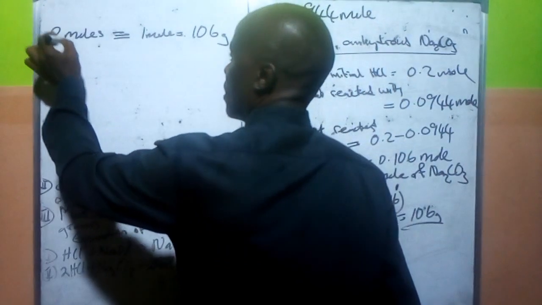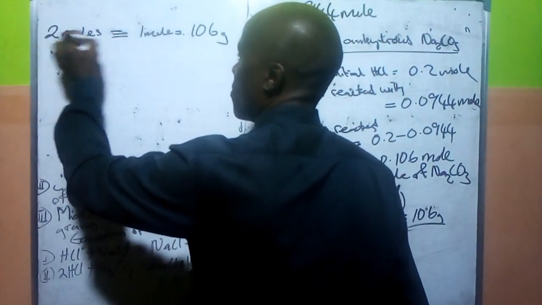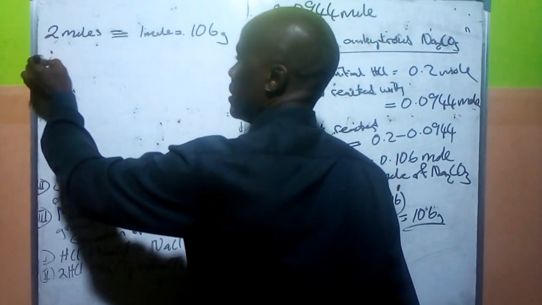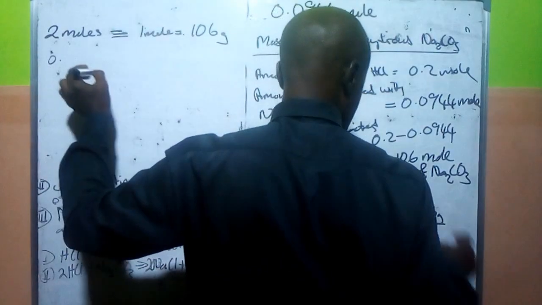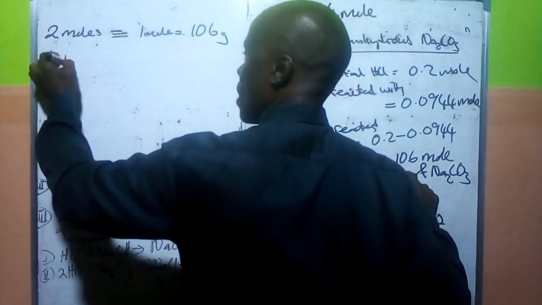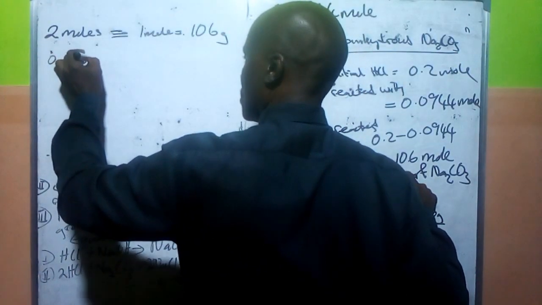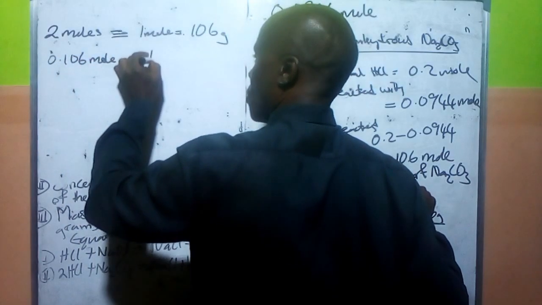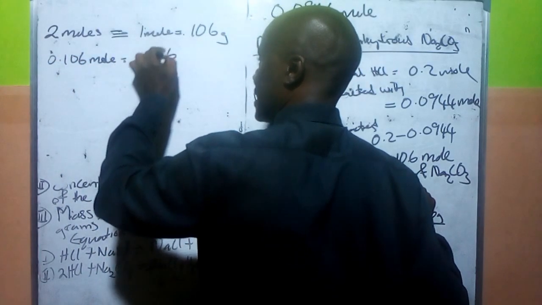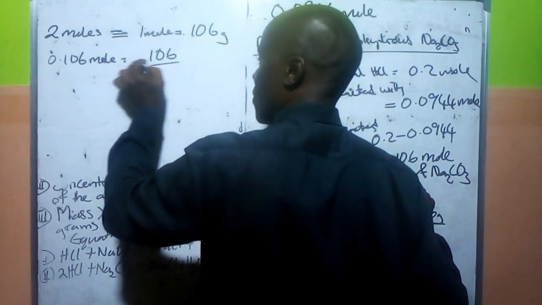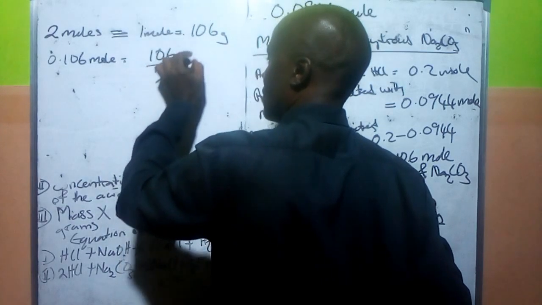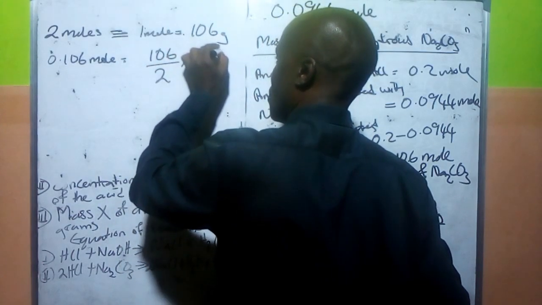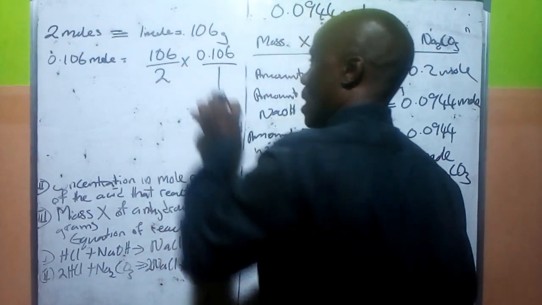We can then say that 0.106 mole will be equal to 106 over 2 times 0.106 over 1.